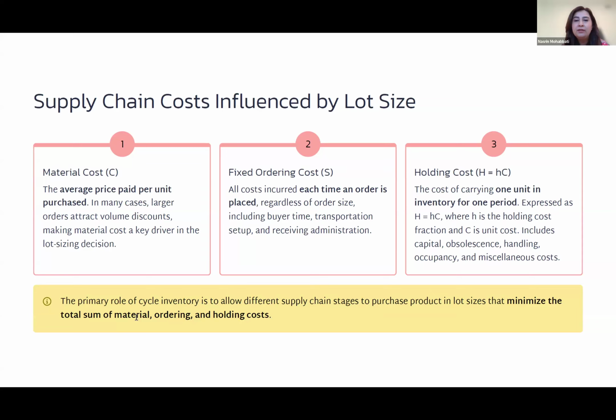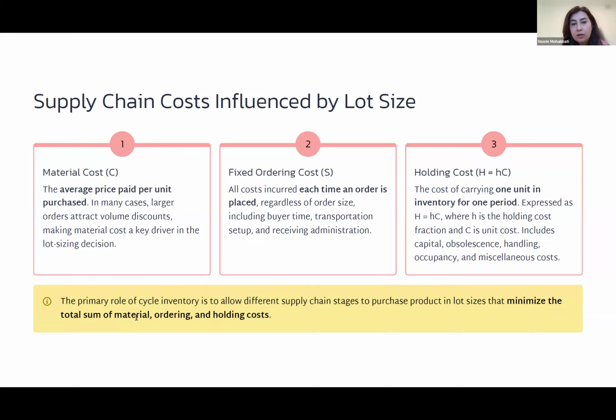Shipping one unit of product is usually more costly compared to shipping one truck for the entire order. So you should be considering material cost when you're placing an order, when you're keeping inventory.